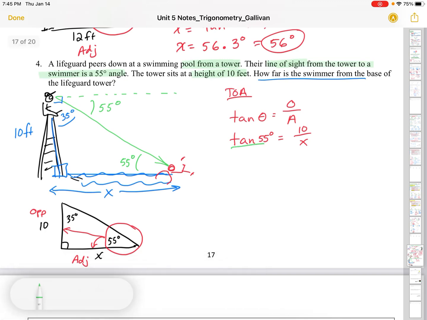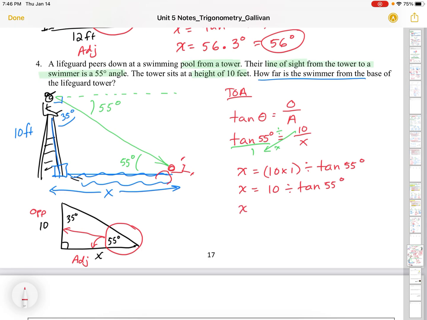Now I'm going to have to do my cross multiply and divide, right? So x is equal to 10 times 1 divided by tan of 55 degrees. So x is equal to 10 divided by tan of 55 degrees.